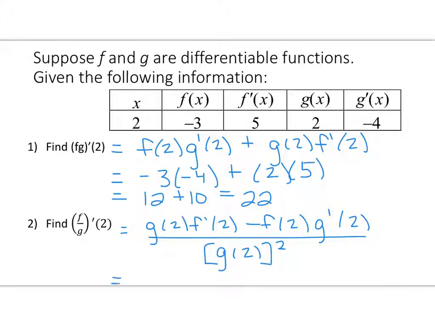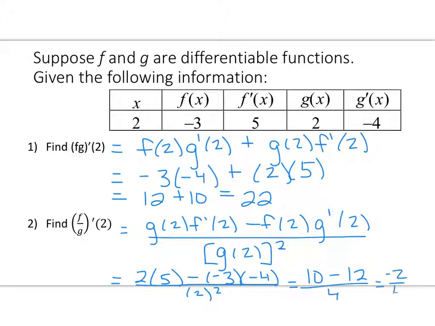So again, g of 2 is 2, f prime of 2 is 5, f of 2 is negative 3, g prime of 2 is negative 4, all over g of 2, which is 2, squared. So here I have 10 minus negative 3 times negative 4, which is positive 12, over 4. So this is negative 2 over 4. So this derivative is negative 1/2.